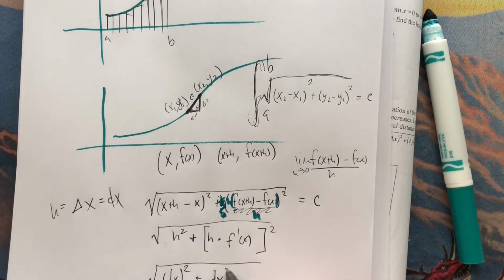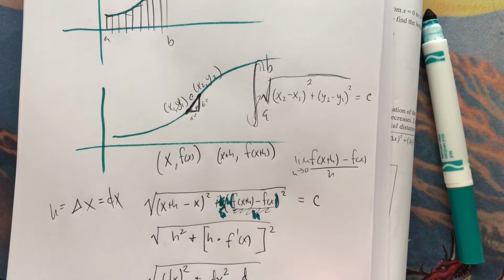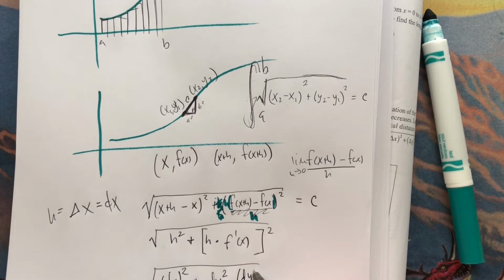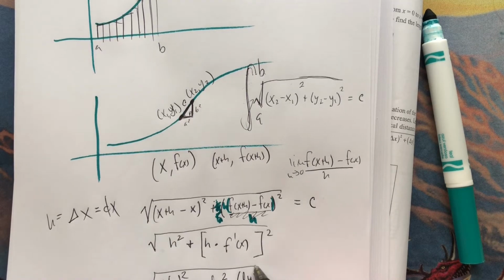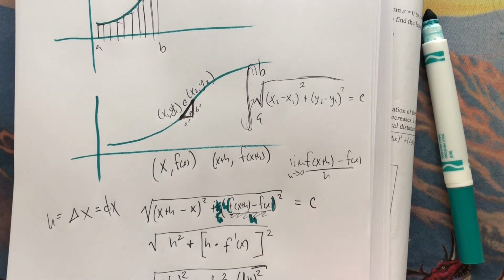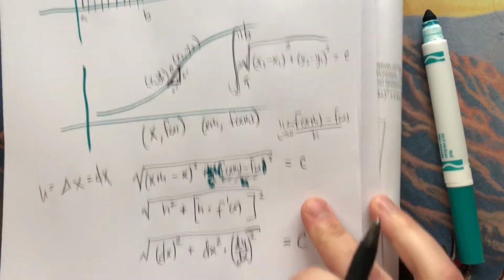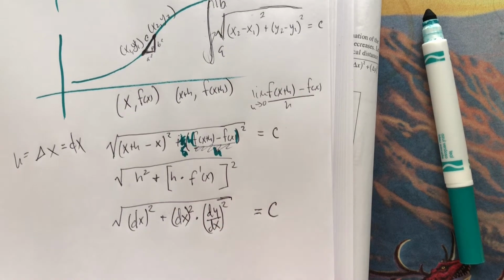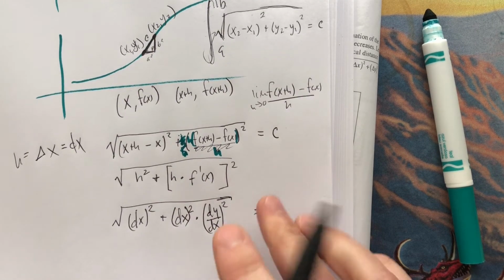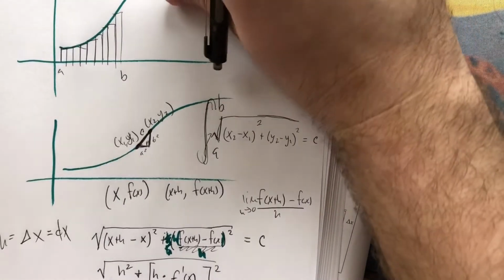So this is gonna be dx squared times dy dx squared, right? And that's gonna be equal to c. So this is where this gets a little bit silly. And if you're like, what do you mean this is where it gets silly? It's all right.